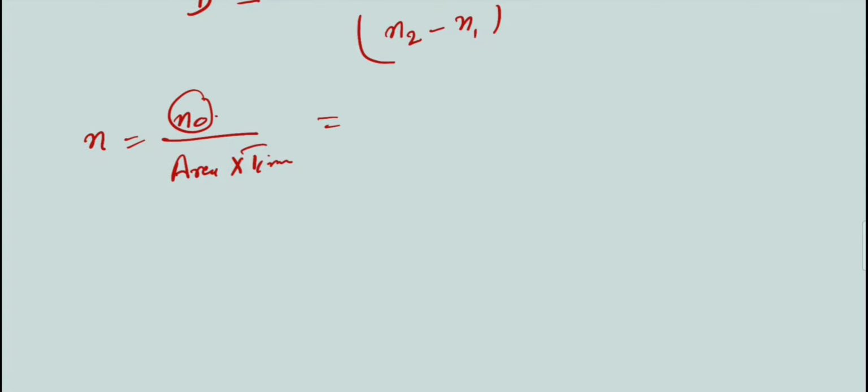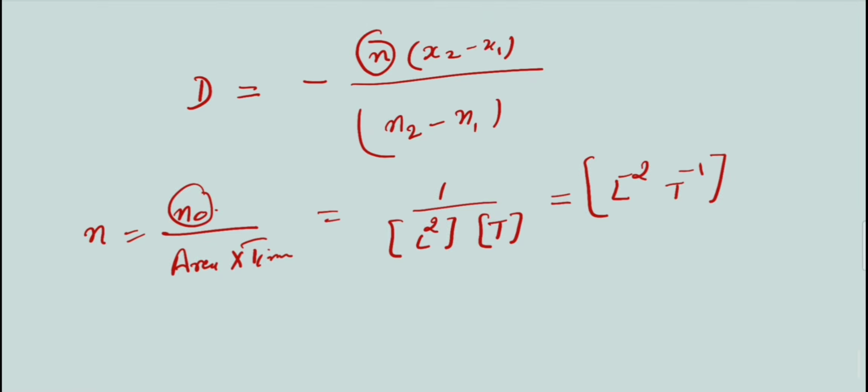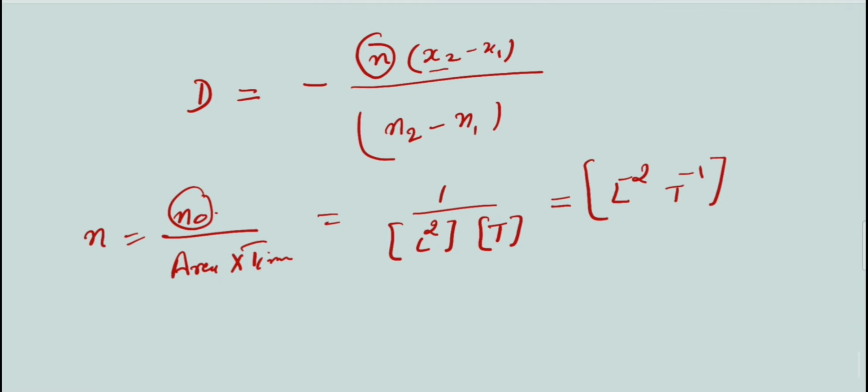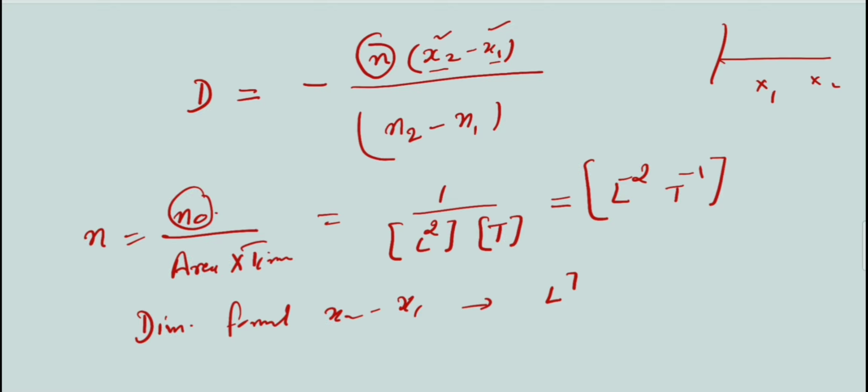For the number we don't have any dimensions, for area it is L square, and for time it is T. Therefore the dimensional formula for n is L raised to power minus 2 T raised to power minus 1. Similarly we can find out the dimensional formula for x2 and x1. These are lengths along the x-axis, so the dimensional formula for x2 and x1 is equal to L.